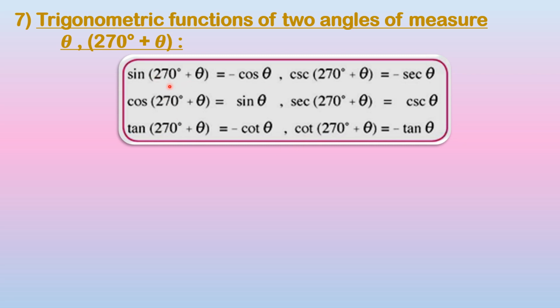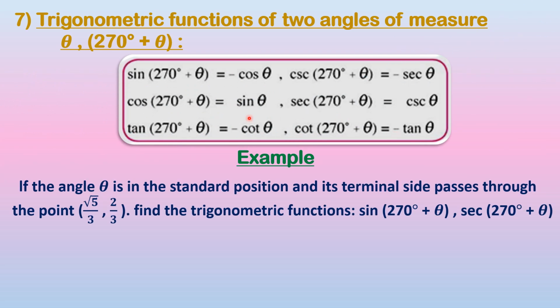Since we see 270, sine converted to cosine, cosine to sine, cosec to sec, sec to cosec, tan to cotan, and cotan to tan. For example, if the angle θ is in the standard position and its terminal side passes through the point square root 5 over 3 and 2 over 3, find sine(270 + θ) and sec(270 + θ).